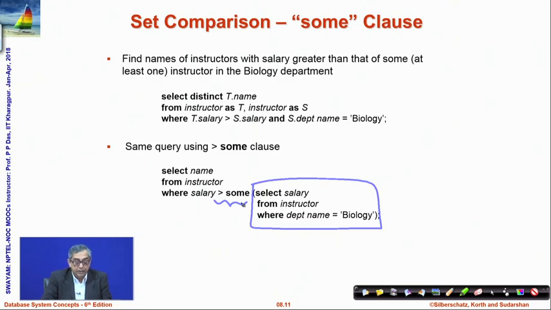That means that the salary here being checked must find at least one record here, so that it is greater than that salary value. So, greater than some is a nice way to find existential records using the nested subquery.